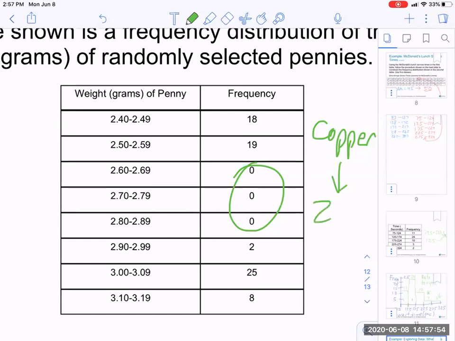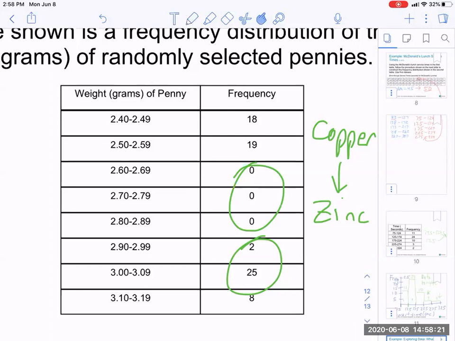Then they were made with zinc because copper was too expensive. Copper and zinc weigh differently. So if you can look at your periodic table of elements and tell me which of these is heavier, I would know that these are the heavier ones. Someday I'll look that up. I'll rely on you people that are in chemistry.